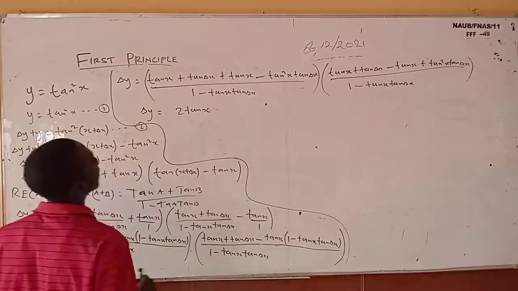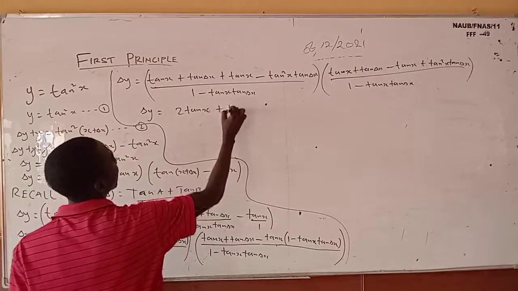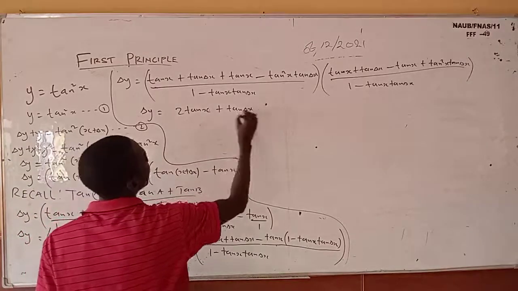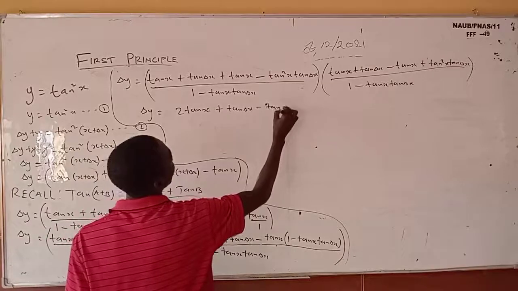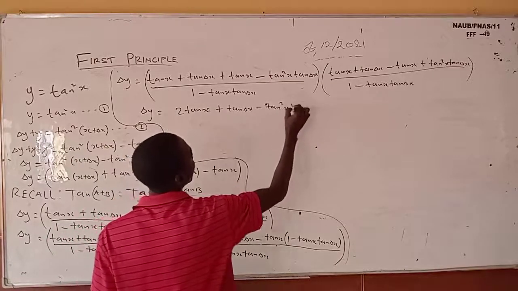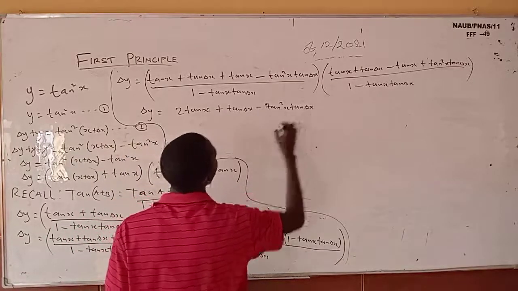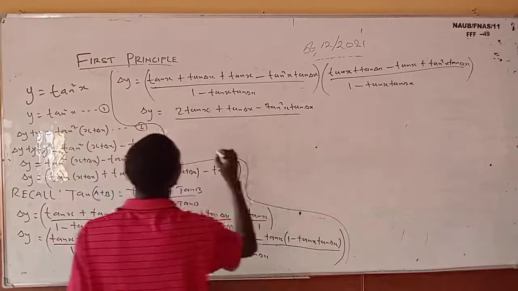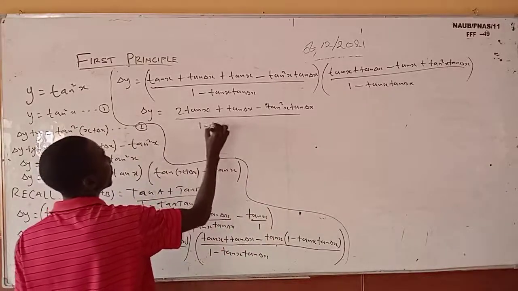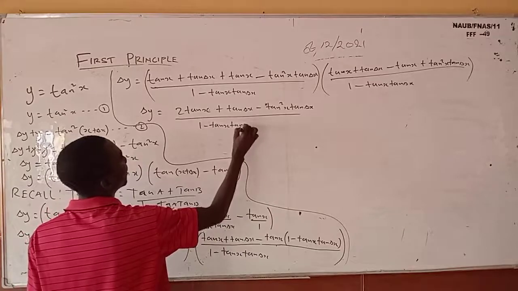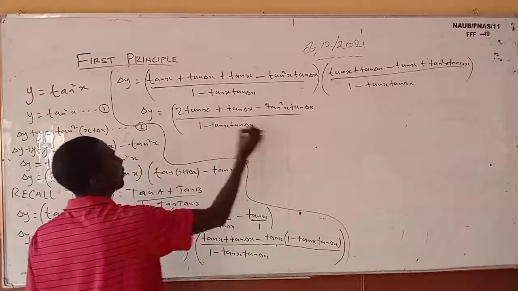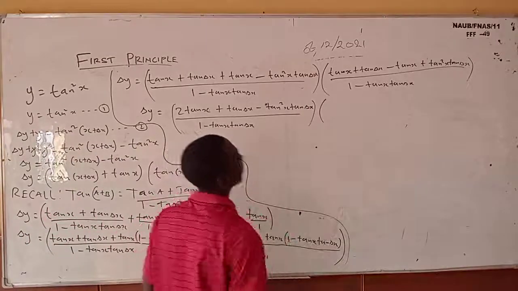So now plus tan Δs minus tan² s tan Δs, all over 1 minus tan s tan Δs. So you can close this into this one.